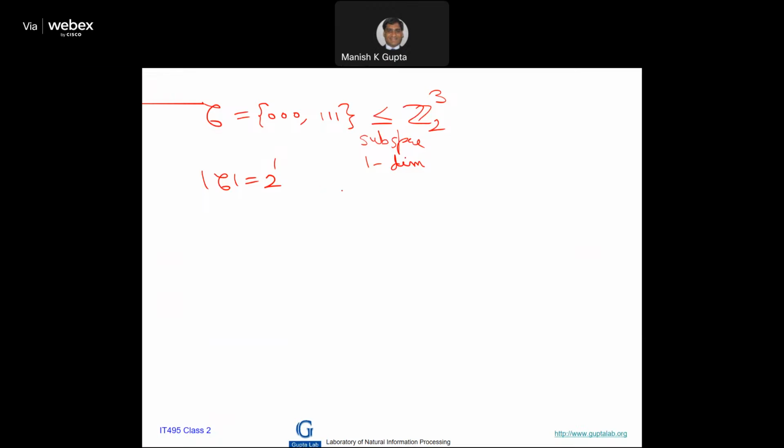So this repetition code that we used is nothing but a one-dimensional subspace of this.